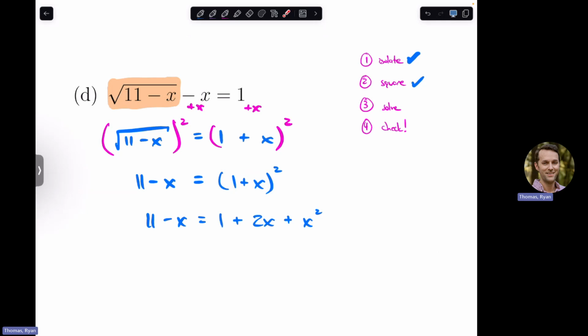Okay. Which is, big surprise, right? A quadratic. So collect everything to one side. Two x plus another x, 1 minus 11.